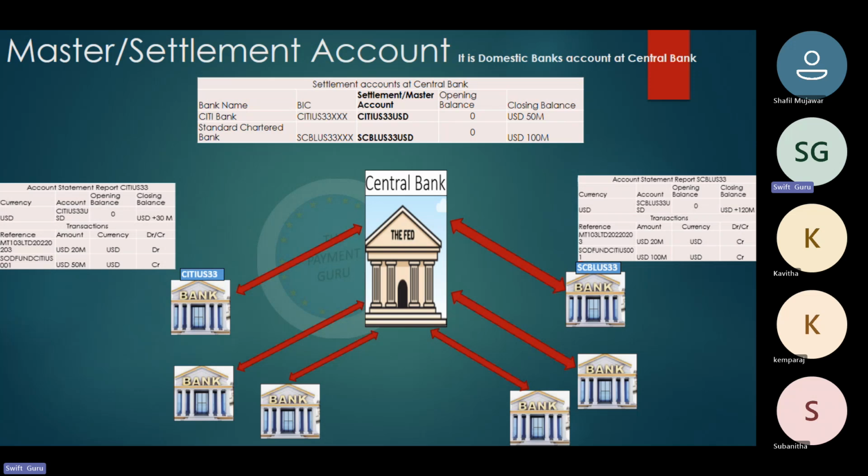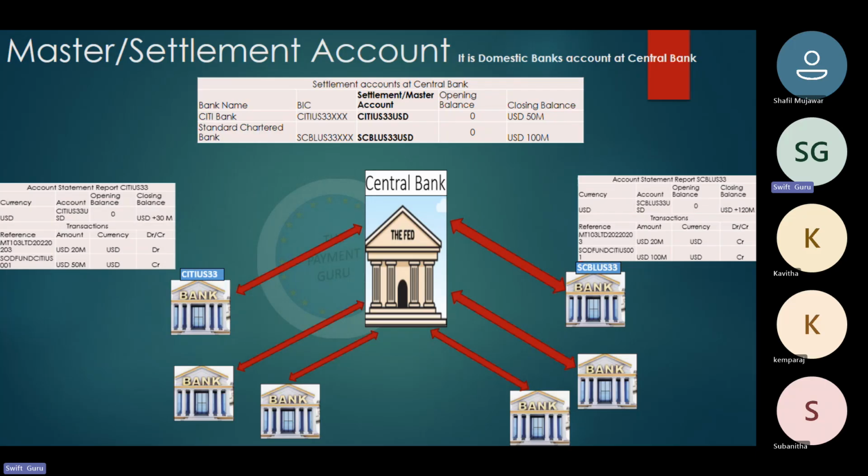Significance and how they use it, all those things we'll discuss in our ACH and RTGS payments topic. But they do open up an account at the central bank in order to make a transfer within the country, in order to participate in the different payment schemes which they are providing.